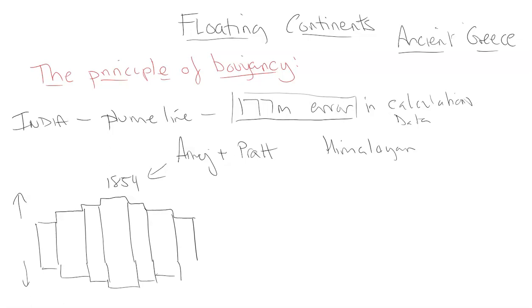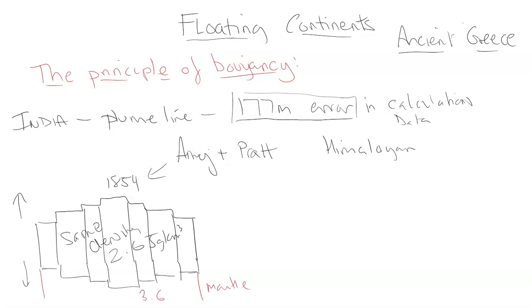So this is Airy's idea, that they're all the same. All these columns are the same density. Let's just say it's 2.65 grams per centimeter cubed, and that the asthenosphere down here, the mantle down here, was of a greater density, let's say 3.6.